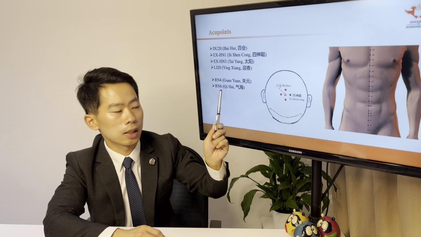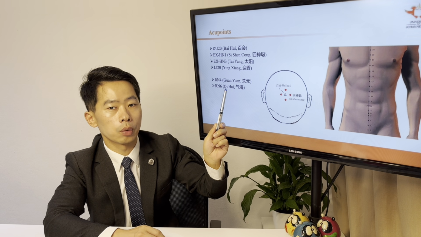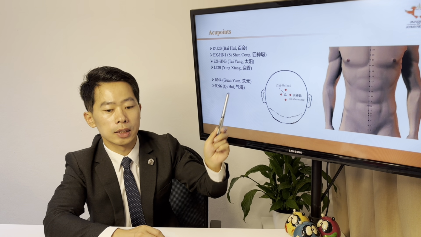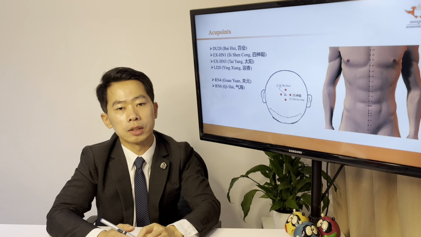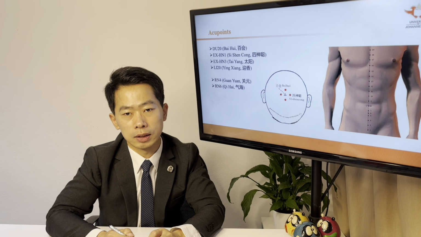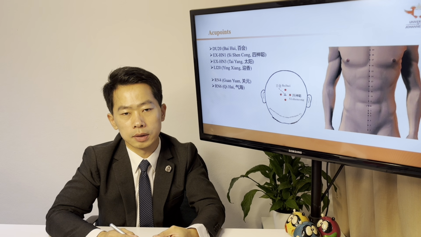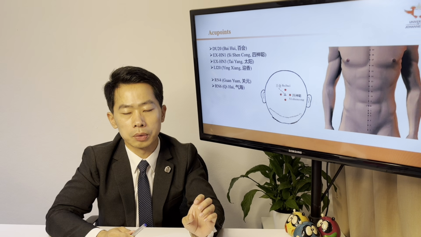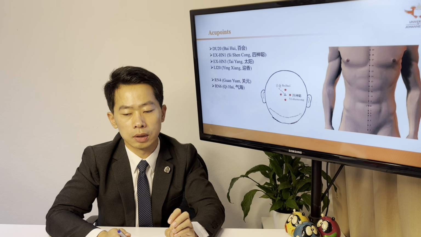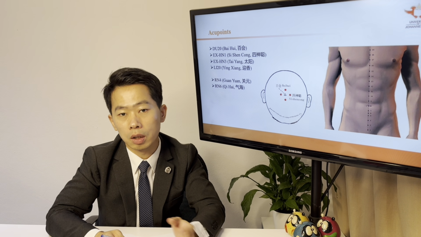Room 6, 气海, qi, everyone knows qi, hai is the sea. So the sea of qi, that's why 气海 is an important point to tonify qi. For example, for asthma, anything related to qi disorder, the common situation is cough, asthma.